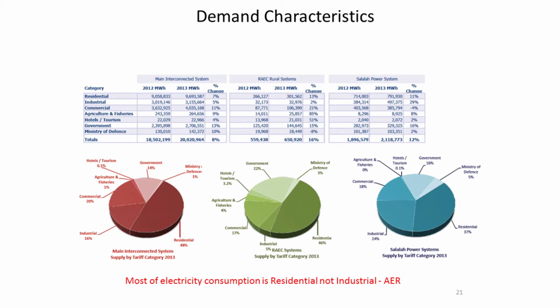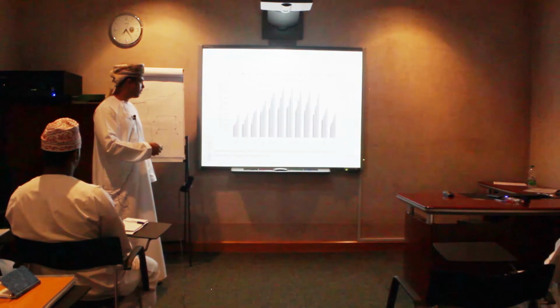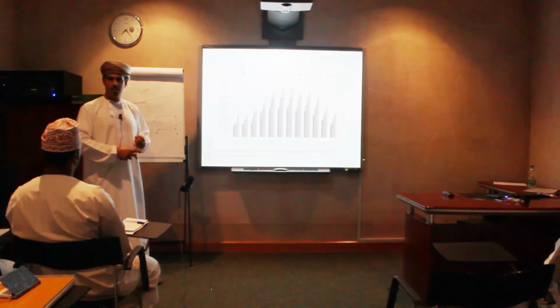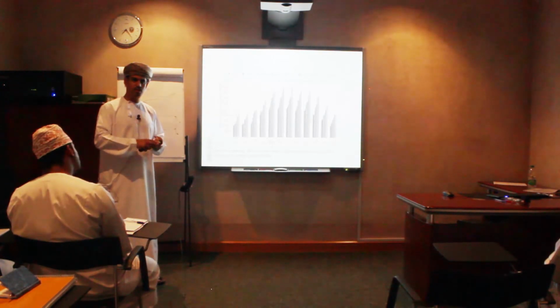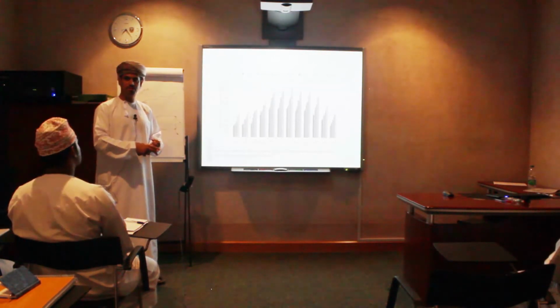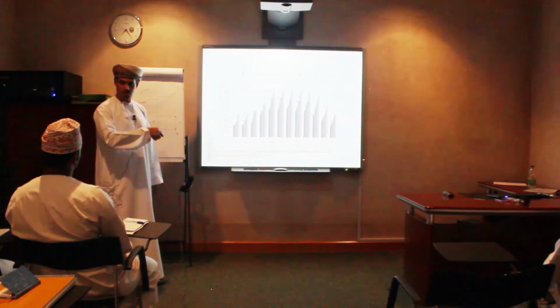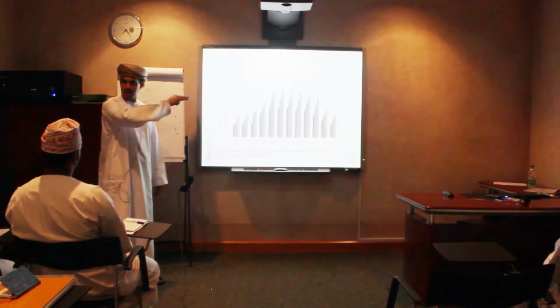Now, demand characteristics. What type of demand do we have? Is it industrial demand? Is it residential demand? Normally, industrial demand works 24 hours all season, so it has a flat profile.